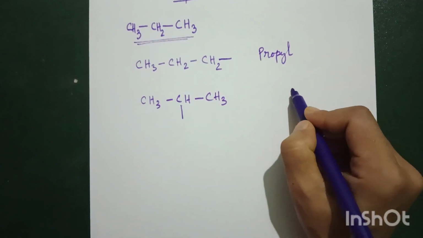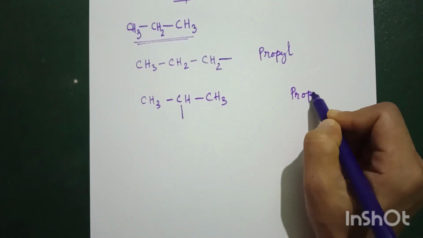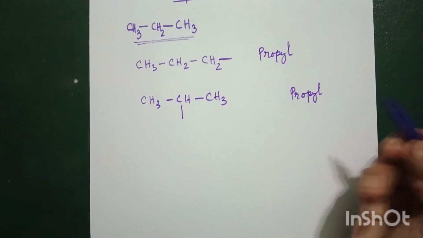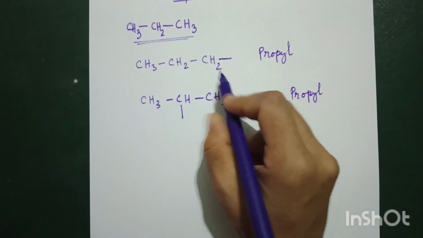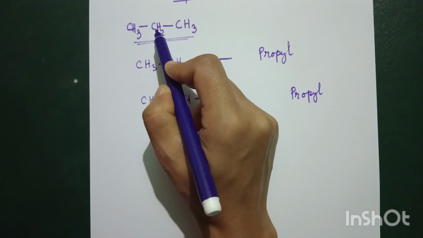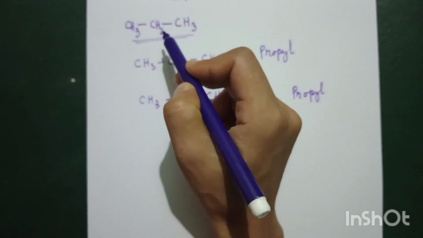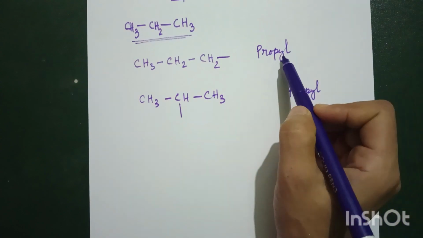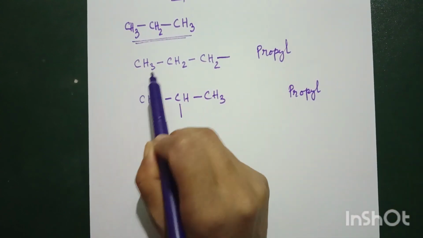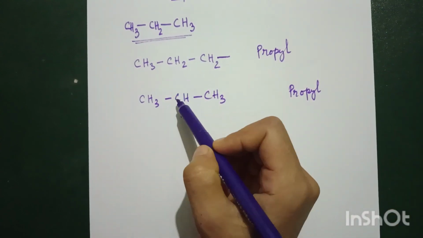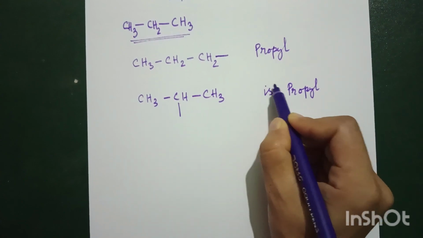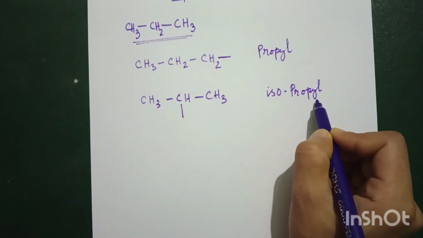So this is also propyl, because removing one hydrogen from any alkane turns it into alkyl. Since this is propane, removing one of the hydrogens turns it into propyl. This is also propyl, but it is different here. This is from the second carbon. This is called your isopropyl. Okay, this is your isopropyl.